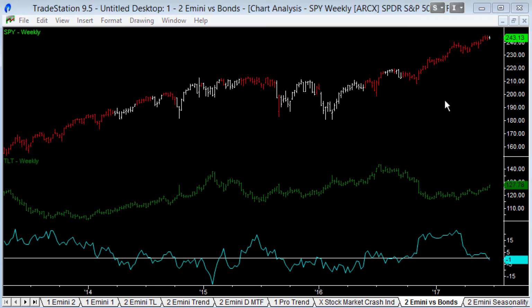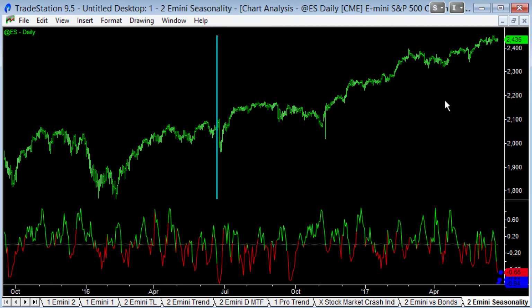Now, let's also just talk about the timing of this. We're coming up to a seasonality indicator with 4th of July weekend. Coming into the 4th of July weekend, the market is usually pretty buoyant. It's summertime, we've got a long weekend coming up, people are pretty happy, and the stock market tends to reflect that. So I'm not suggesting anything's going to happen imminently. I'm just saying watch out.